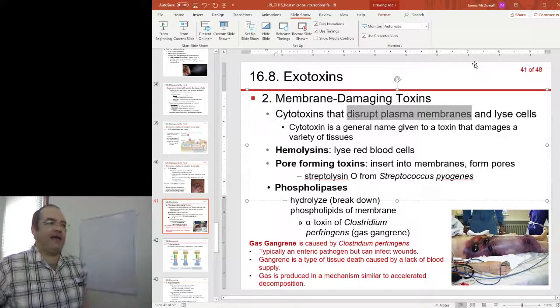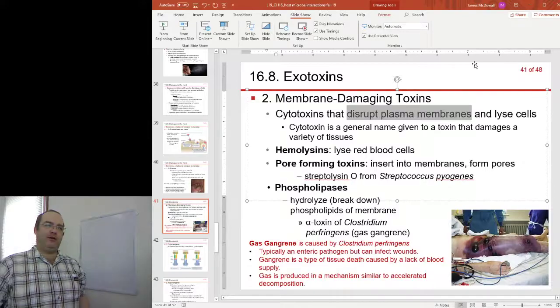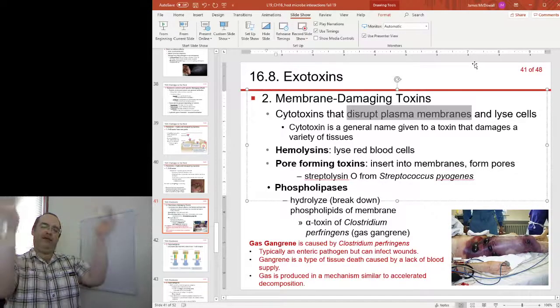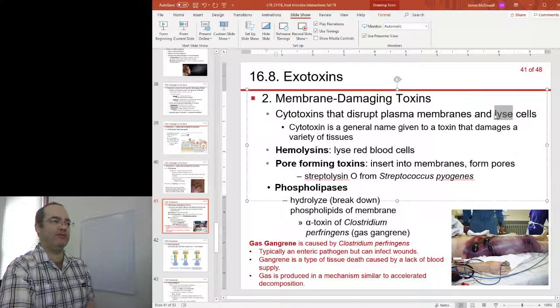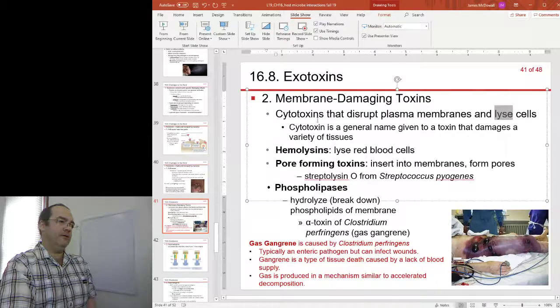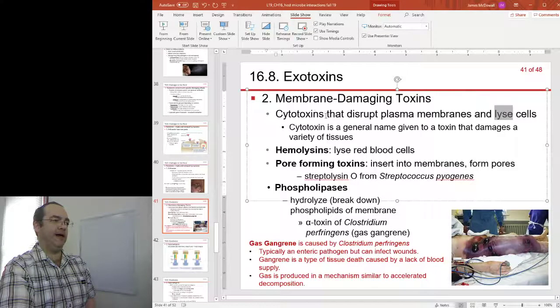We don't have any additional structures on the outside, no cell walls in animal cells. So if you disrupt the plasma membrane, then you burst the cell, you lyse the cell, you break it open. These are cytotoxins because they are toxic to a number of different cell types. Cyto, cell, toxin, toxin.